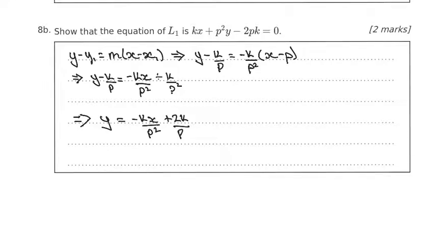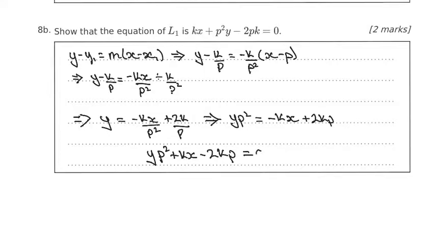I'm going to multiply every term by p squared, so therefore we get yp squared equals minus kx plus 2kp. Take everything to the left-hand side, we get yp squared plus kx minus 2kp is equal to 0.